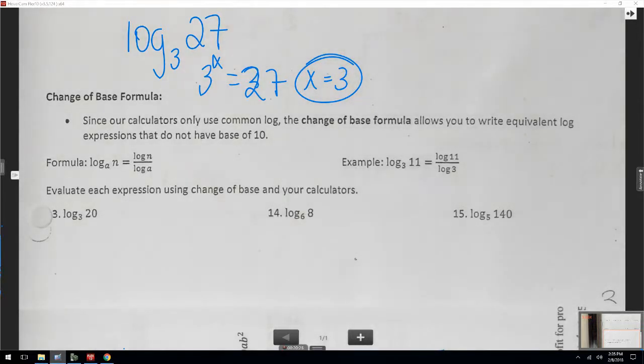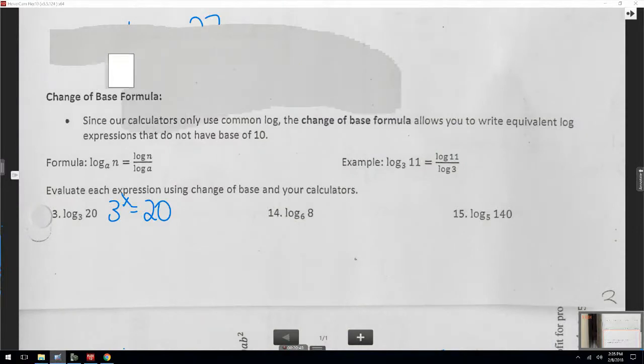If I give you 2 of the exact same problems, they look identical, right? The only difference is, why could I just say my answer was 3 here? Because you know it already, right? The question you ask yourself is, 3 to what power equals 20? Do we have a 3 to a power that gives me 20? There is one, but we just don't know what it is because it's a decimal, right? So you could do one of 2 things.